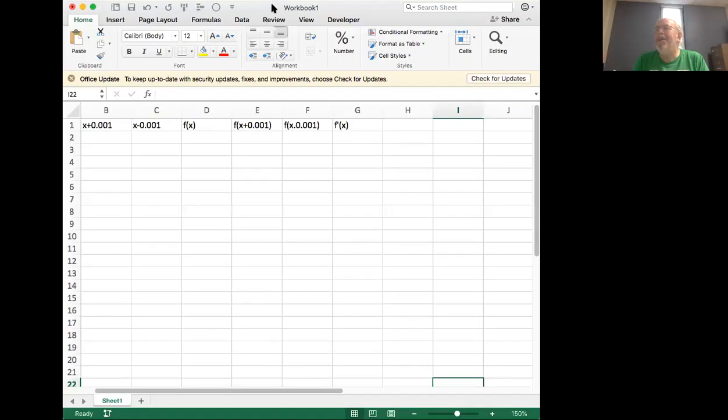And as you see in the Excel worksheet, I have some initial setup of what my columns would be. I want the derivative as my final answer. In order to do that, I needed f of x plus 0.001 and f of x minus 0.001.